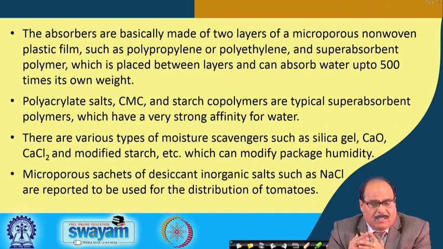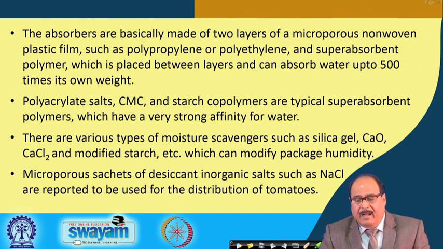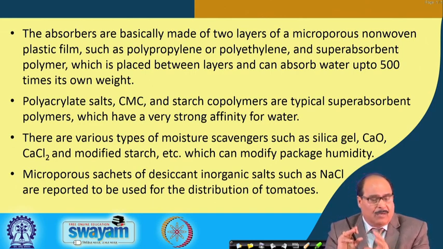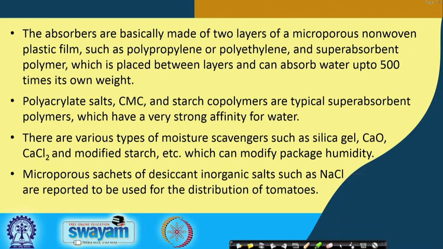So the absorbers are basically made of two layers of a microporous non-woven plastic film such as polypropylene or polyethylene, and some super absorbent polymers are put into it. These super absorbents are placed between the layers and they can absorb moisture even up to 500 times their own weight.